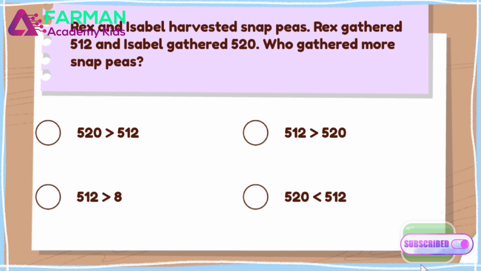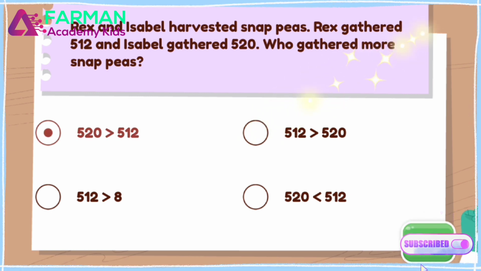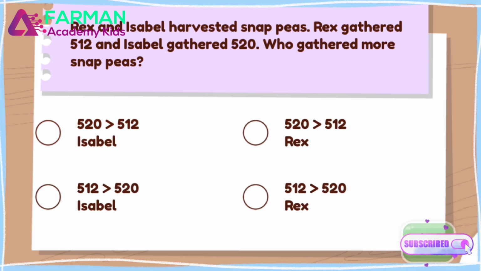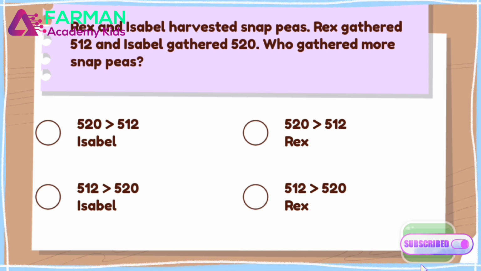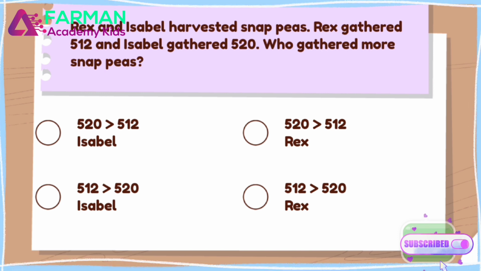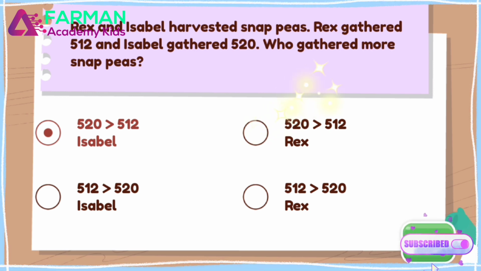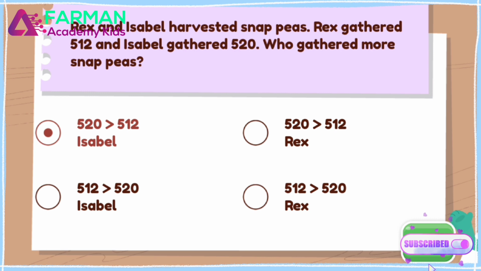Great! Now let's answer the question. We want to find out who gathered more snap peas. Yes, Isabel picked more peas than Rex.